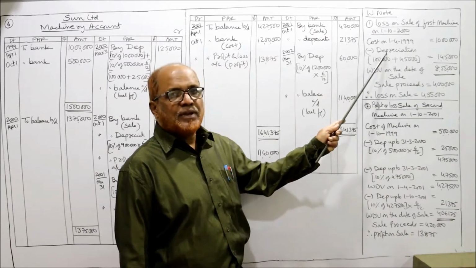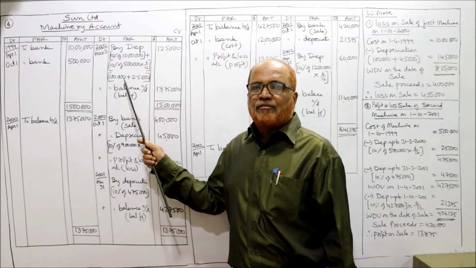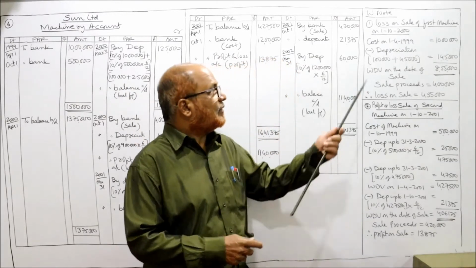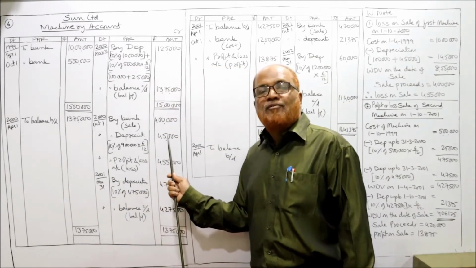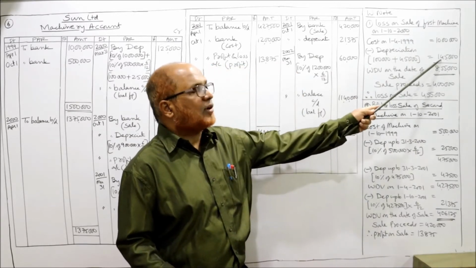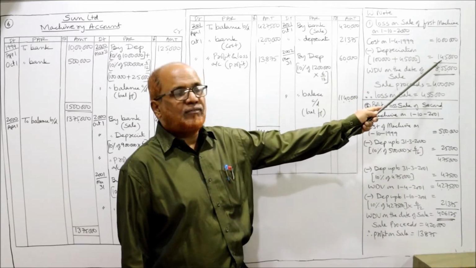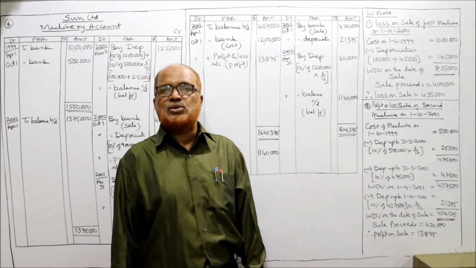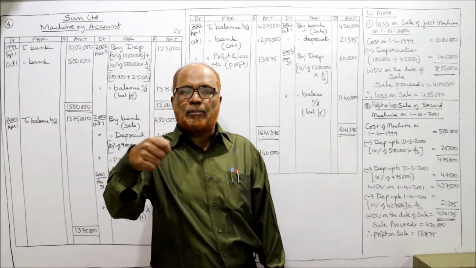Less depreciation: first year depreciation provided on the first plant is 1 lakh, plus second year depreciation 45,000. So 1 lakh plus 45,000, 1,45,000 is the total depreciation. So 10 lakh minus 1,45,000, the WDV on the date of sale is 8,55,000.